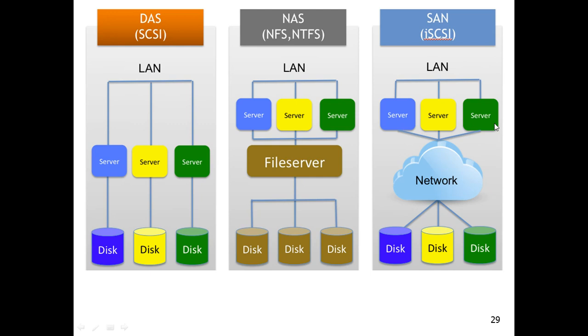For SAN, your servers will be in a network, and a network will be used to connect the different devices, in the form of a storage area network. That's all.